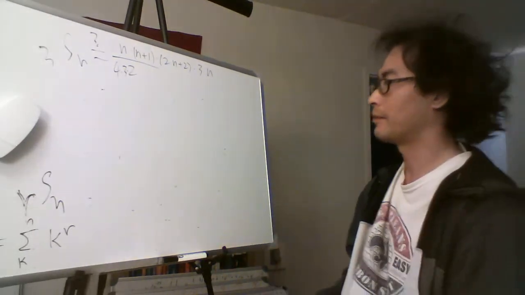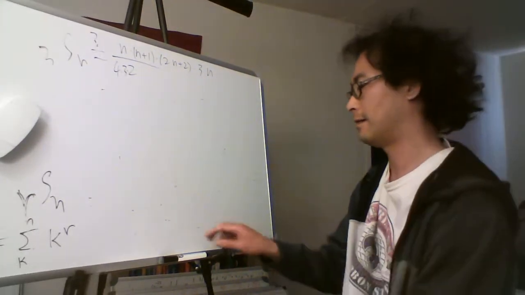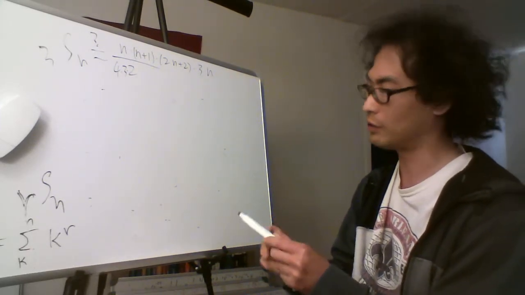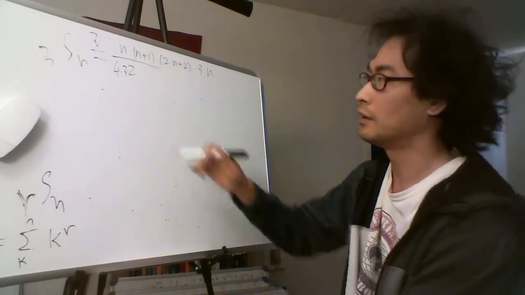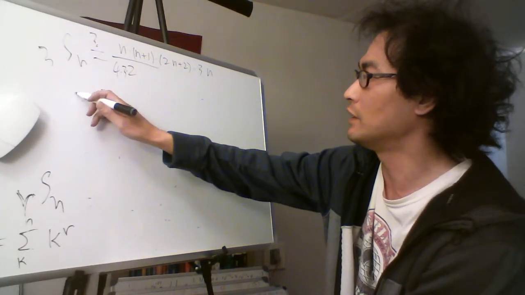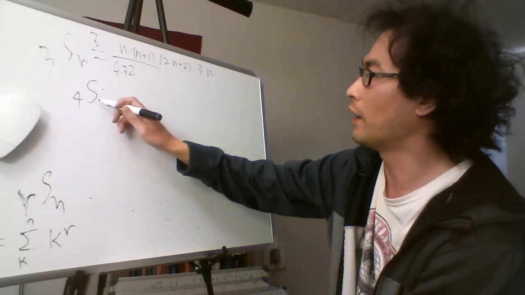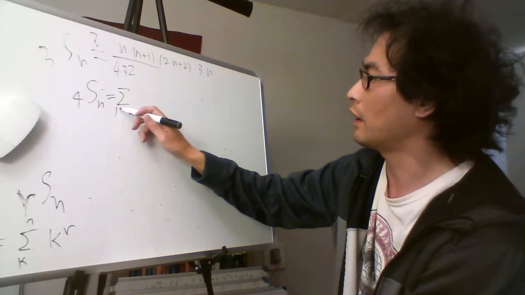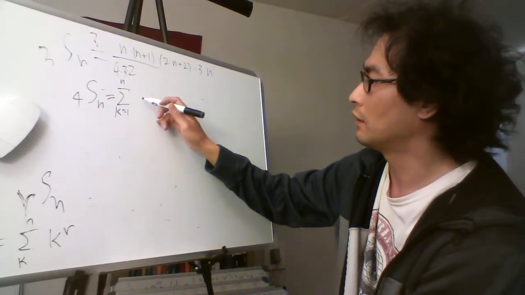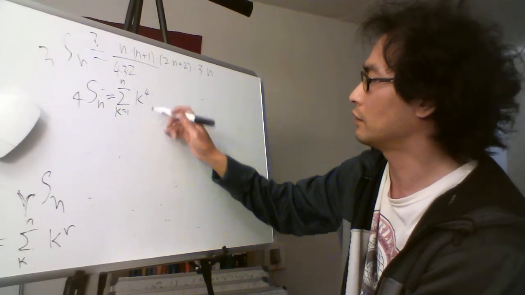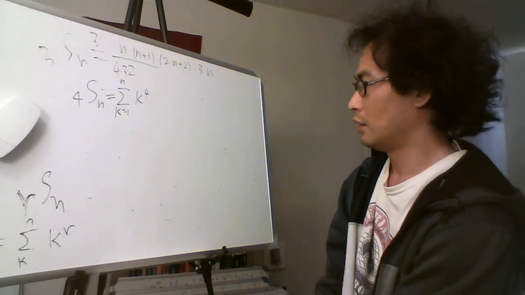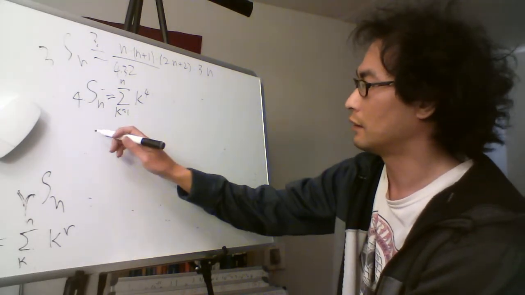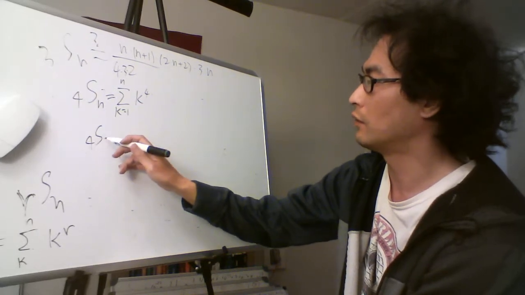We'll do one more. Because we have to find the big picture. We have to look at the forest as well as individual trees. Okay, so 4Sn is equal to what? Sigma, k from 1 to n, k to the fourth. Okay, so let's do 4S4.